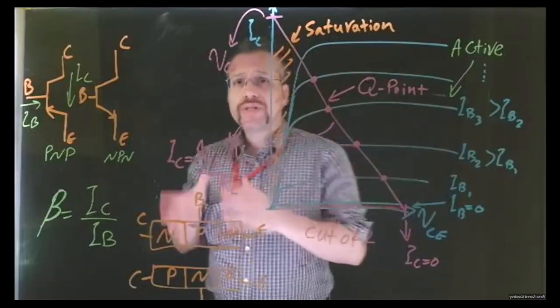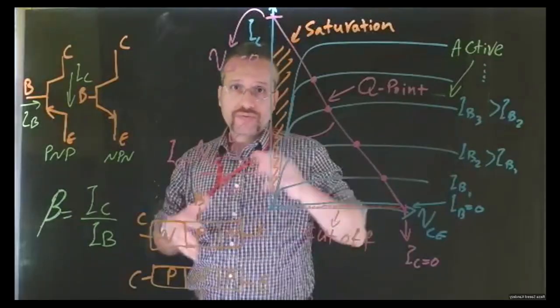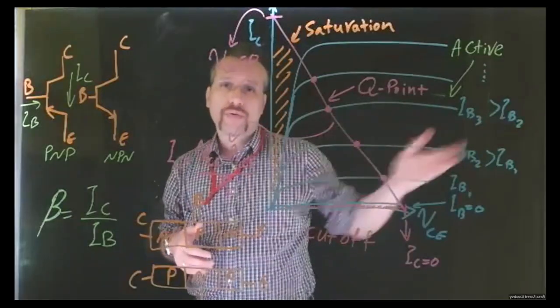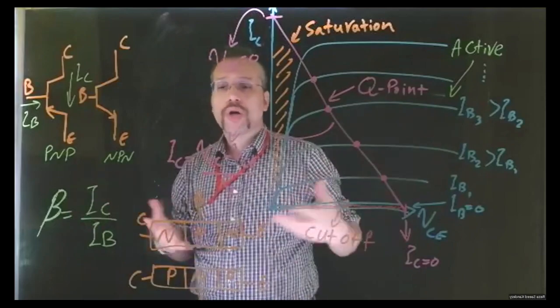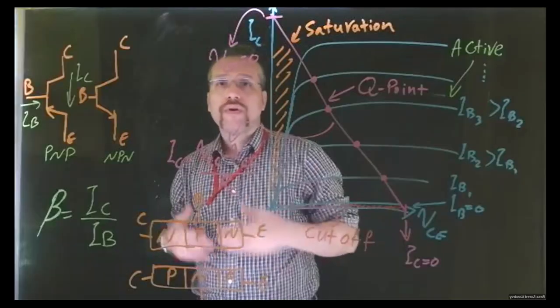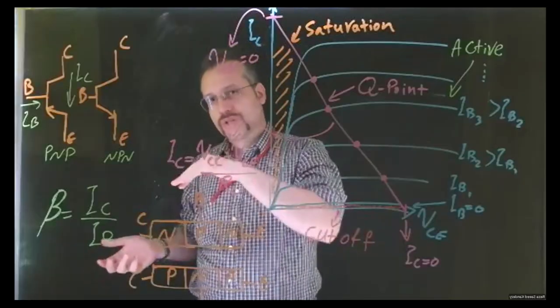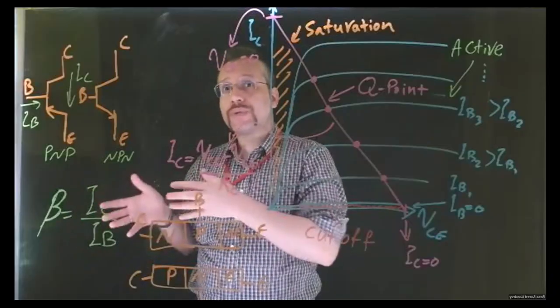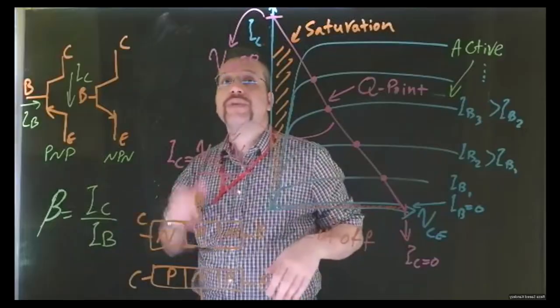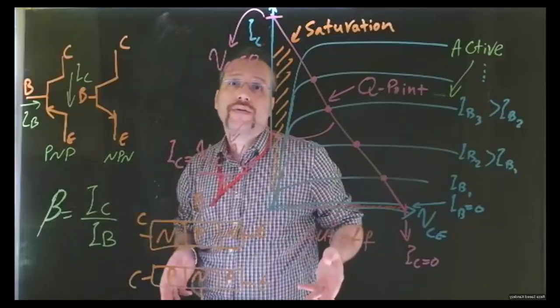Now, there is a very fundamental difference in the application and operation of BJTs and FETs. In a FET, when we want to trigger the switch, we apply a voltage above a certain threshold to the gate. The difference is that the FET is triggered by voltage, while the BJT is triggered by current.